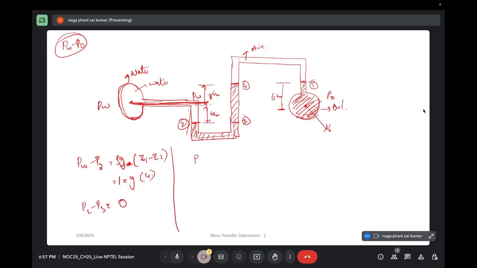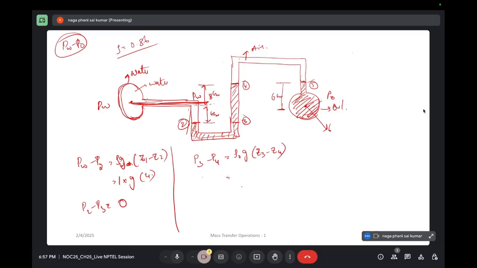Okay, so now P3 minus P4. What will be the height? Again, it will be rho O, is oil, into G into Z3 minus Z4. So this will give us density of oil. I haven't given, right? Let's say density of oil is 0.86.